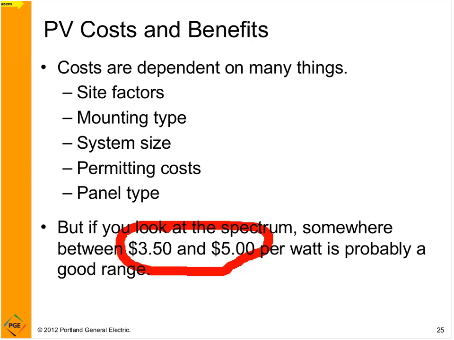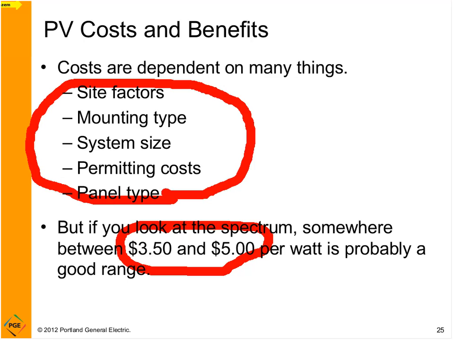Permitting costs are generally a fixed cost, so if you distribute that fixed cost over a bigger system, that'll make your installed cost per watt lower. Panel type, again, may impact your mounting costs. It will definitely impact your panel cost. So all those things join together to determine where on this range you will fall.